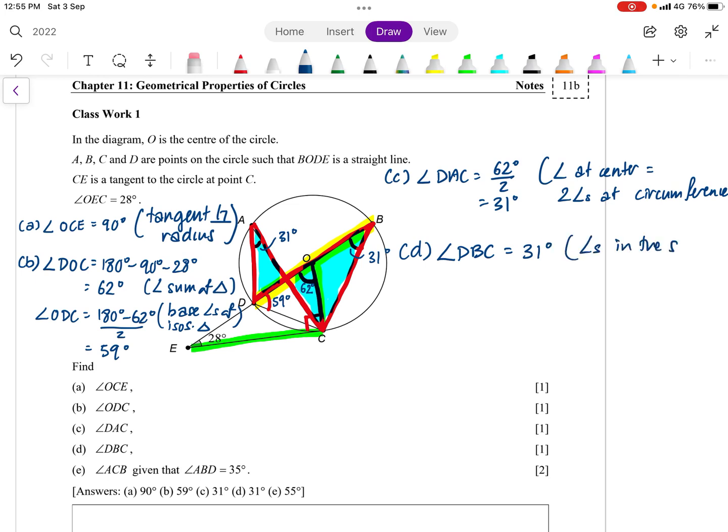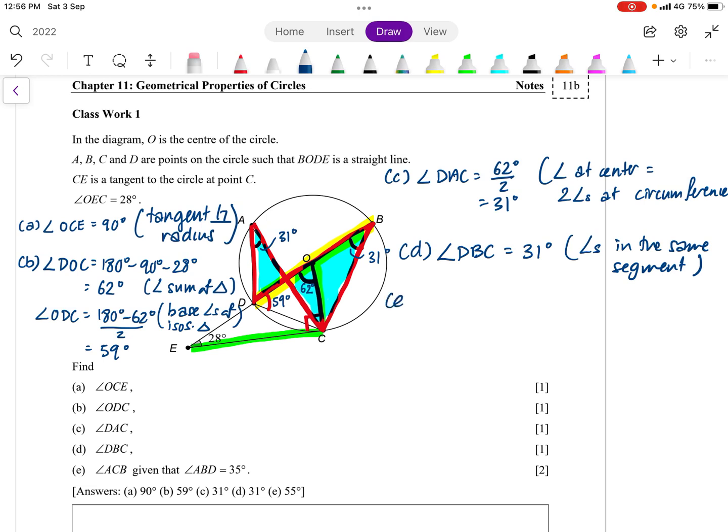Angles in the same segment. Okay, there may be more than one reason, maybe 2 to 3 reasons to get to the same answer of 31 degrees. Depends on what you see first. So it is okay if your reasons are different from your classmates' reasons. Okay, but the fastest so far I noticed will be this, angles in the same segment.